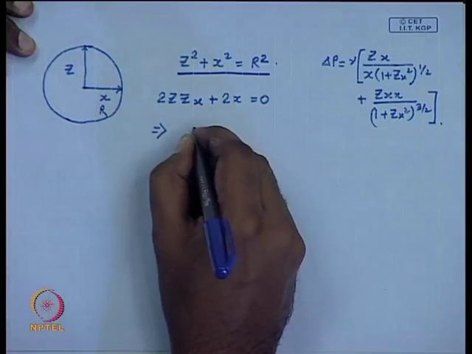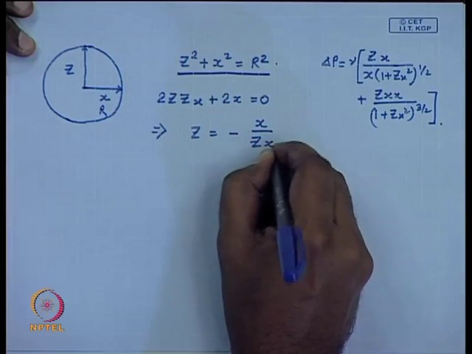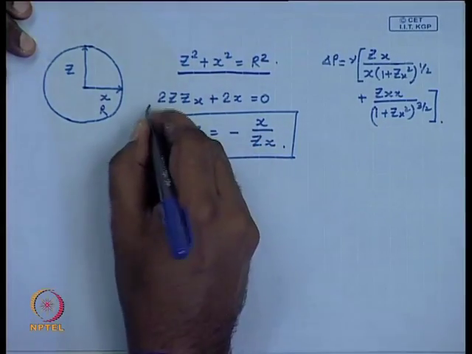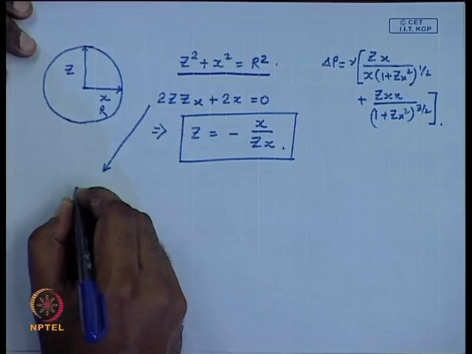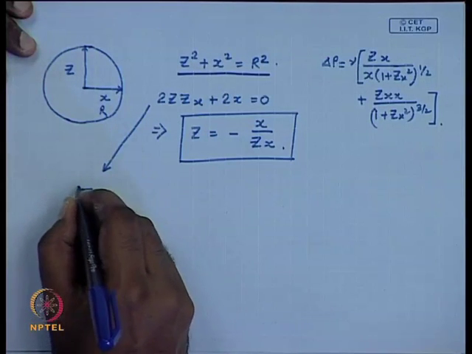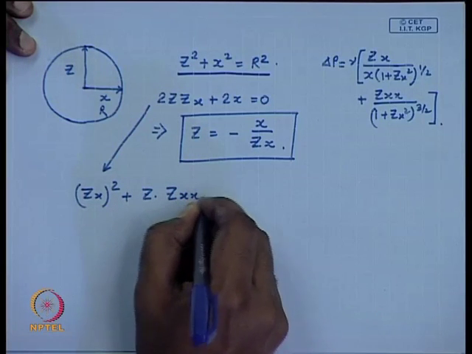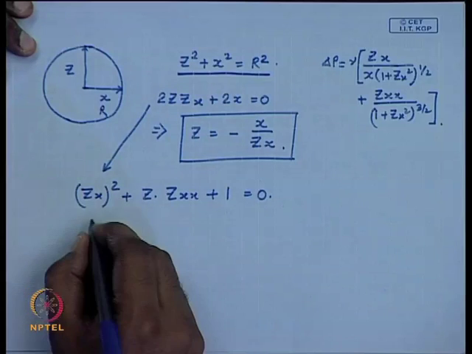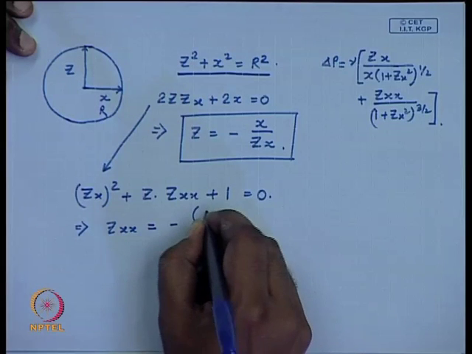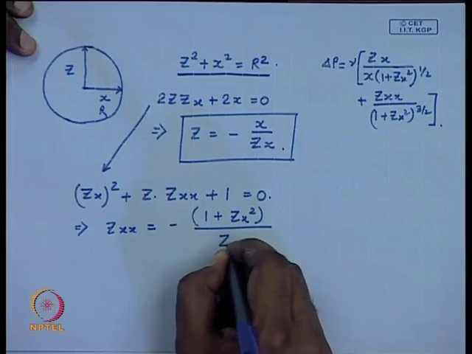from this we can eventually get an expression of Zx. In order to find out Zxx, we again differentiate it. So, what we get is an expression of Zxx to be equal to minus 1 by... Okay.